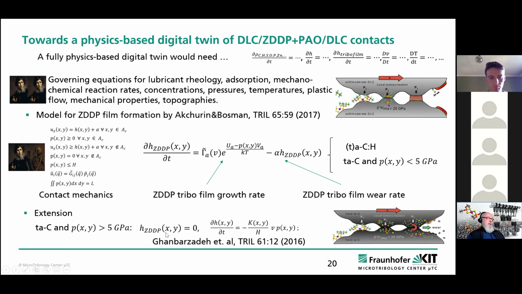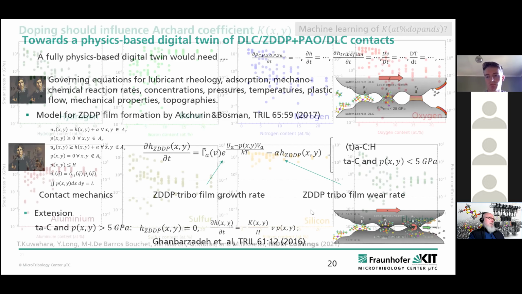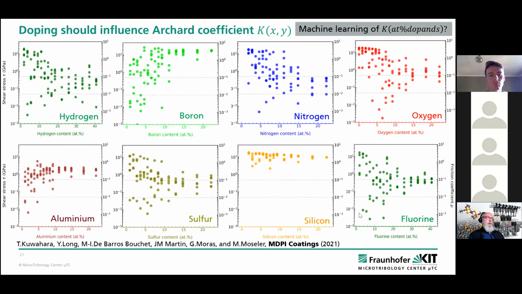And this could mean that in this case the tribofilm formation stops, and you could use some Archard wear model to predict the wear in the DLC coating with some wear coefficient. But with this kind of reduced models, you always have the problem to fit all these quantities. And maybe there the machine learning could step in.